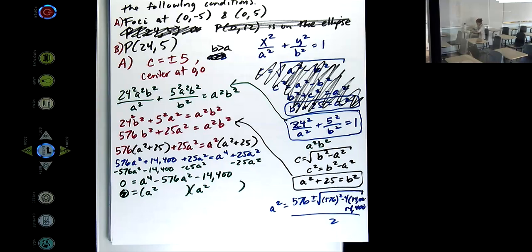Okay, 576 squared, answer, minus 4 times 14,400, square root of answer.